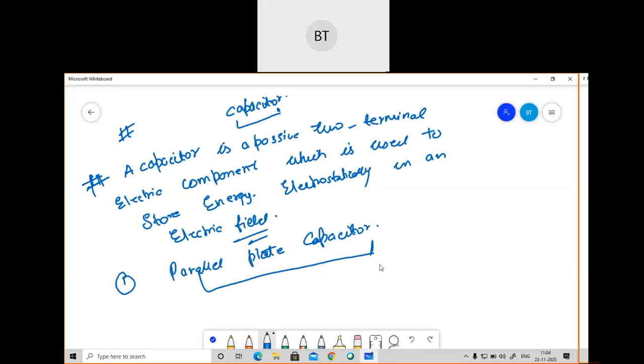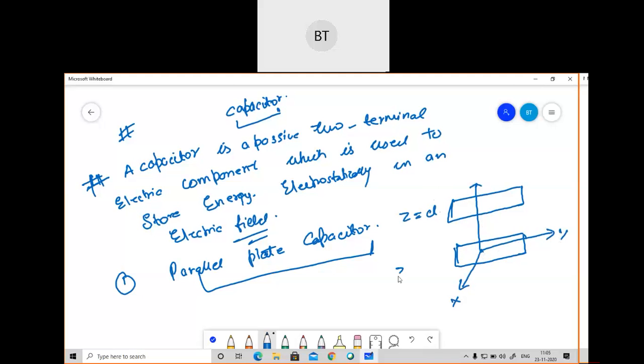I'm drawing the figure of the parallel plate: one plate like this and the other plate like this, with the y vector and the x vector. This is at z equal to some d and this is at z equal to 0. I'm imposing some positive charge here and some negative charge here.